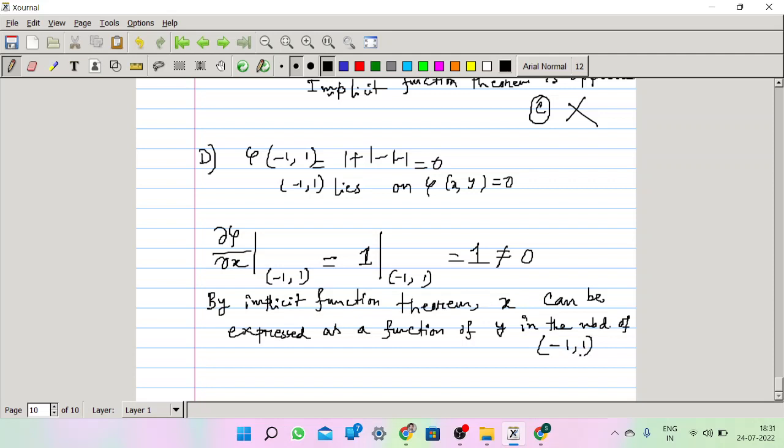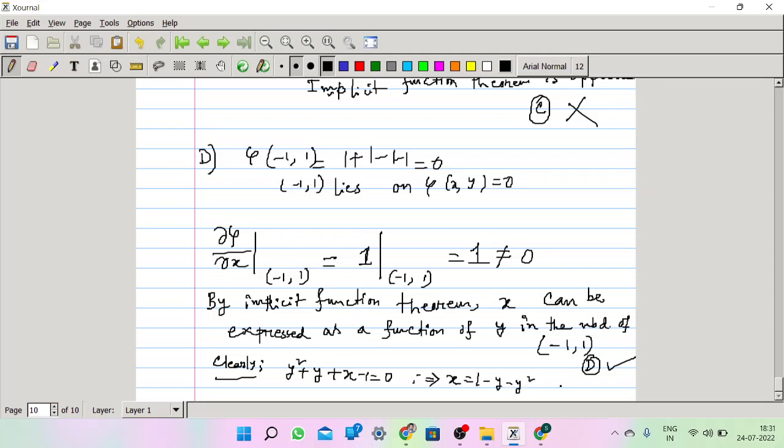So here the correct options are option B and option D. And clearly for D, phi of xy equal to 0 means y square plus y plus x minus 1 equal to 0, which implies that x equal to 1 minus y square.